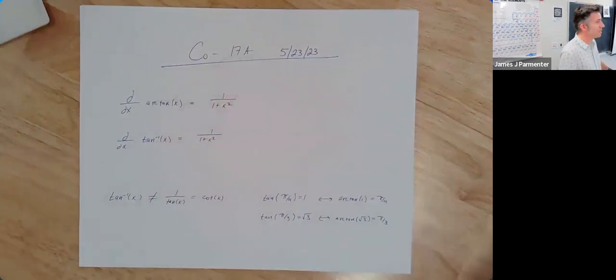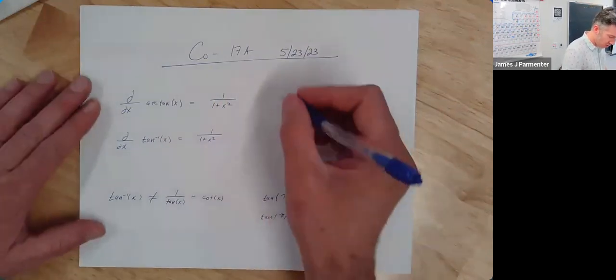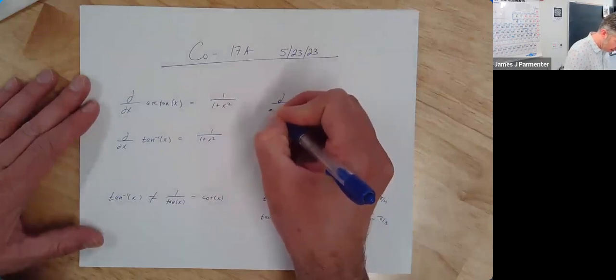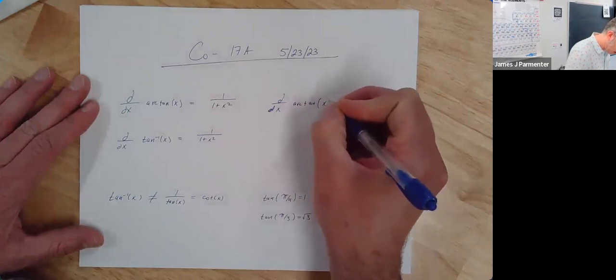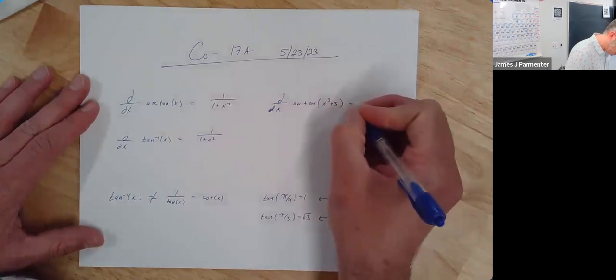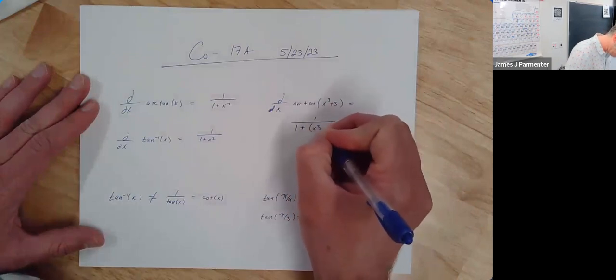And of course, if you know a derivative of a function of x, you know the chain rule version of it as well. So if you know the derivative of arc tangent of x is 1 over 1 plus x squared, then you could say the derivative of the arc tangent of x cubed plus 5 is 1 over 1 plus your stuff squared.